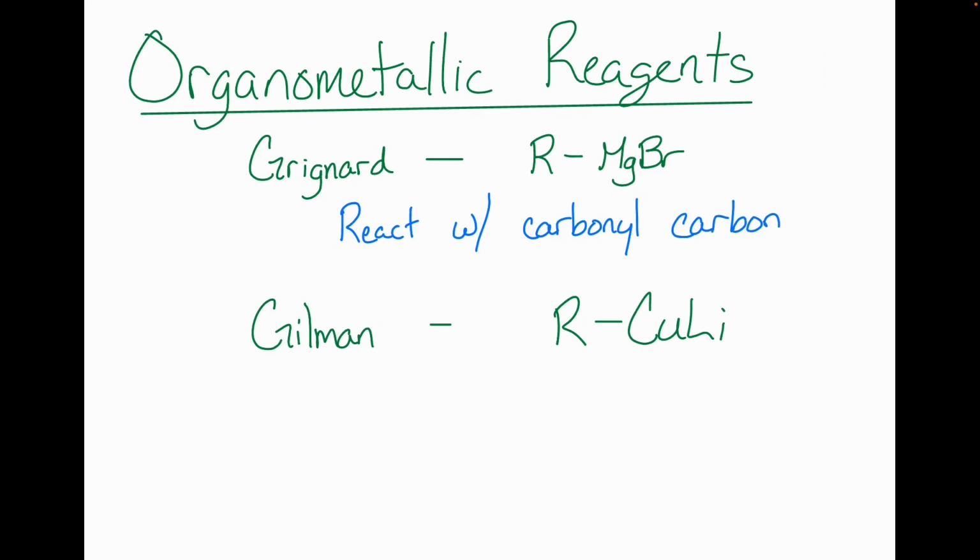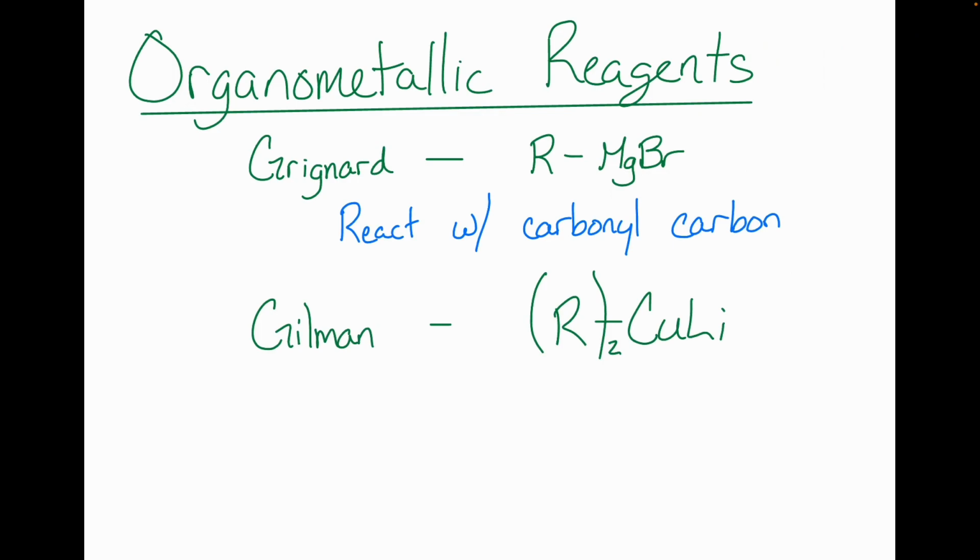The one thing about a Gilman reagent is just like a Grignard, they create a new carbon-carbon bond. And only one new carbon-carbon bond, but in your formula for your Gilman, there are actually two of those R groups attached. Only one of them will ever react with your molecule, but that's how the formula for a Gilman looks.